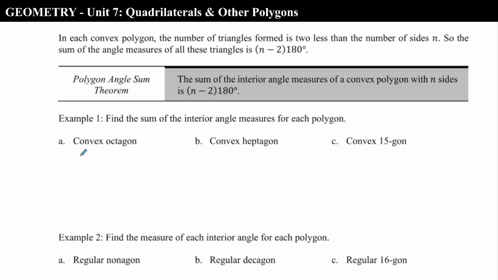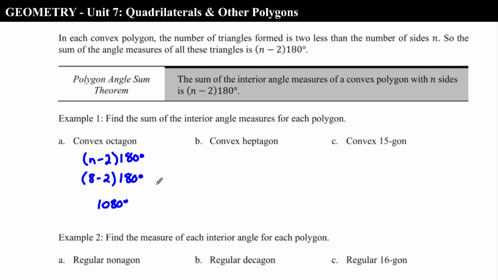We start with n minus 2 times 180. The number of sides in an octagon is 8, so our n here is going to be 8. 8 minus 2 gives us 6. 6 times 180 gives us 1080. So the sum of our angles in an octagon adds up to 1080 degrees.